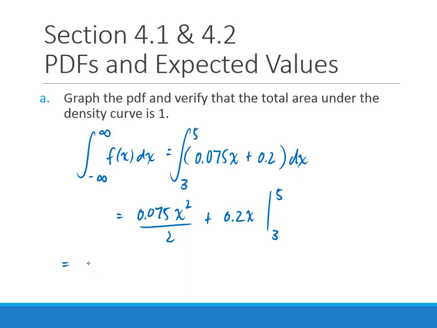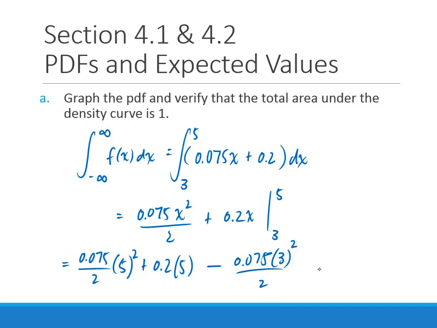So this is 0.075 over 2 times 5 squared plus 0.2 times 5, then I'll subtract 0.075 times 3 squared over 2 plus 0.2 times 3. And double check that does indeed give you a 1 there.